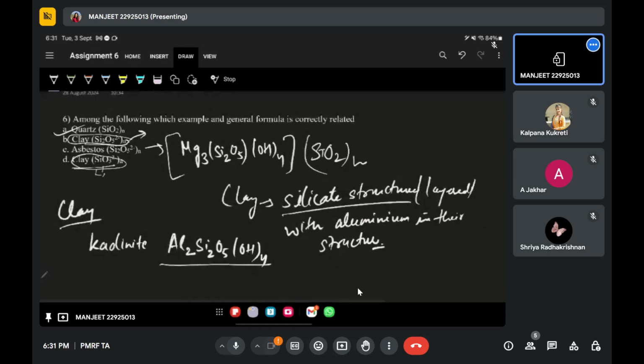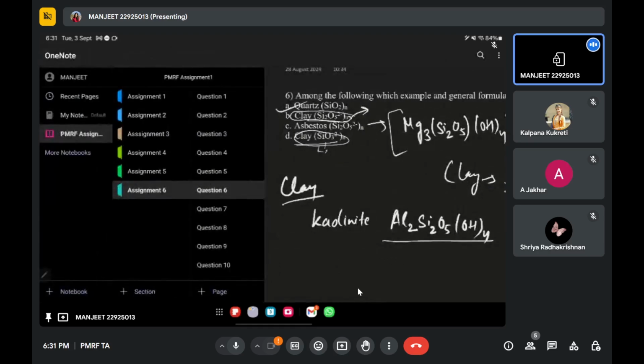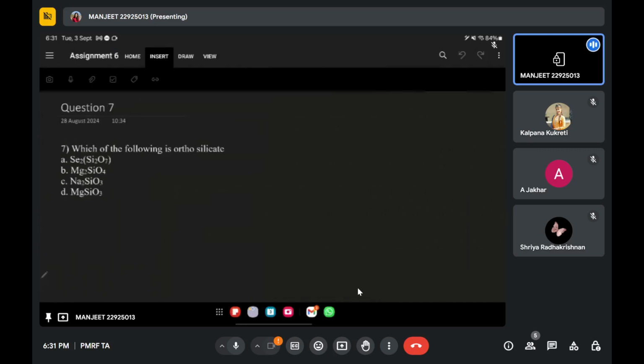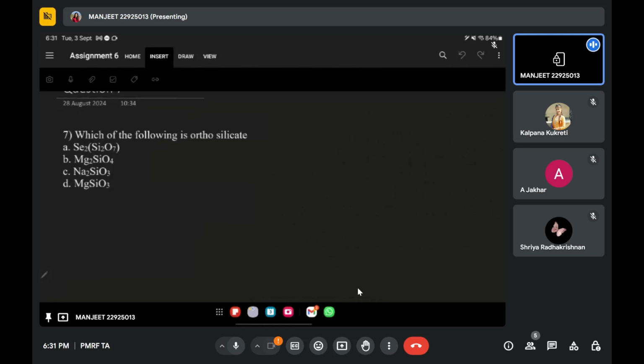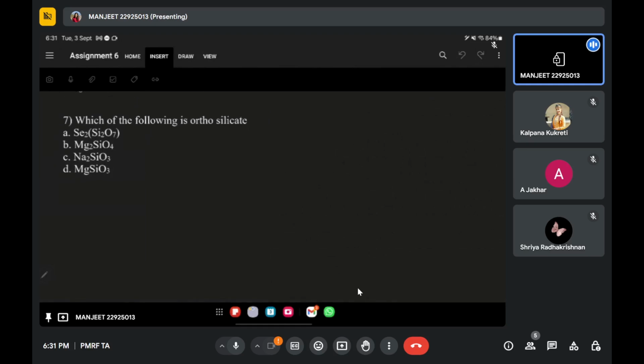Okay, so you have to remember a few of the examples, like quartz, clay, all of these, because these are the different kinds of silicate structure.